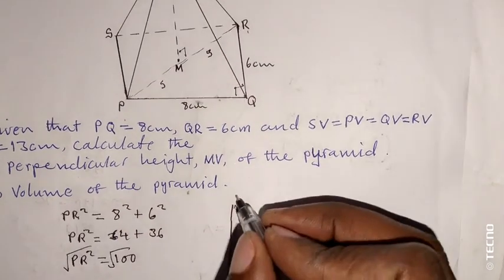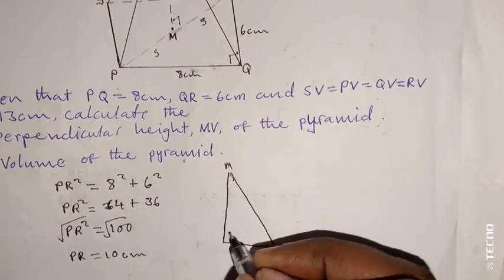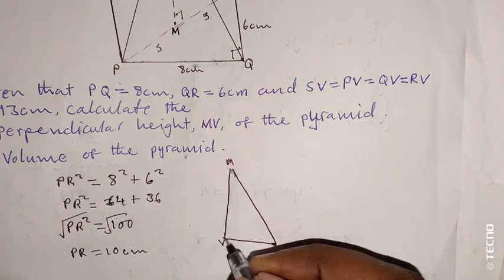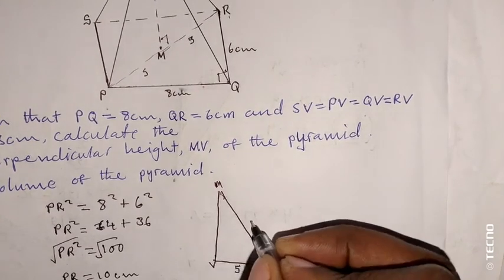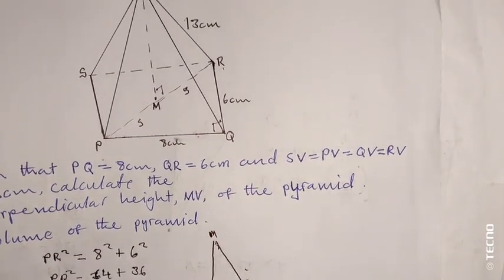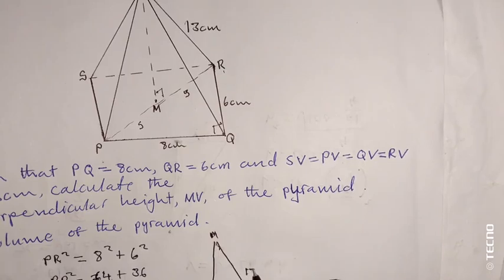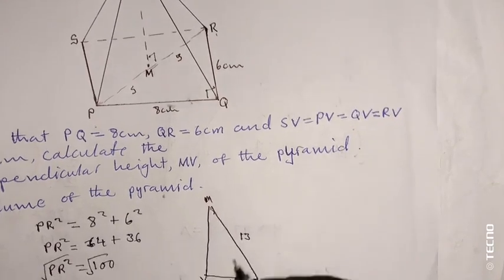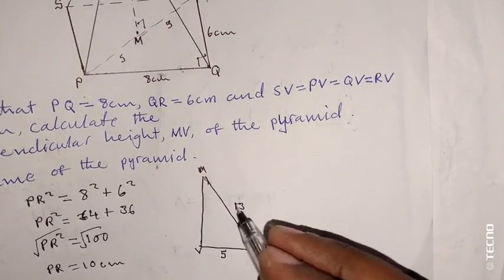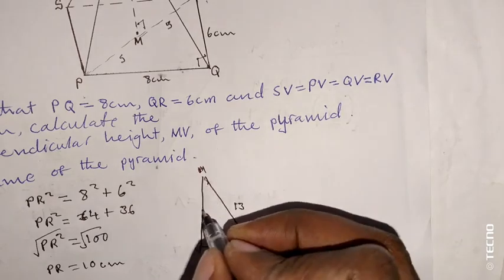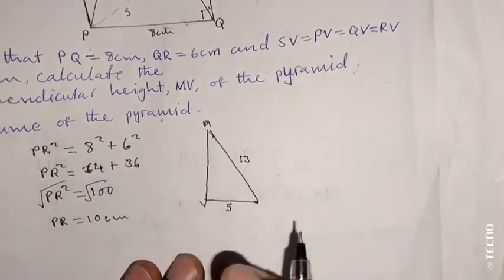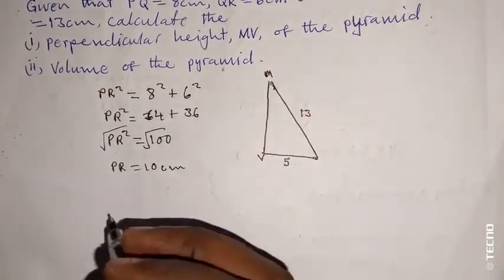Here we want MV. This is 5 here, and this side is 13. So we are going to use the same method, which is Pythagoras, to calculate MV, this side.